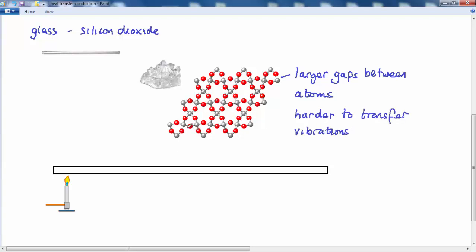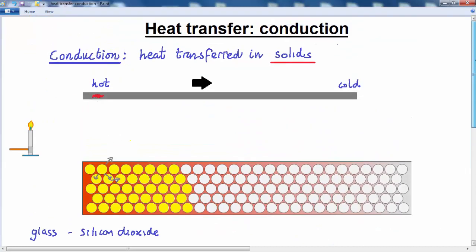So therefore the heat doesn't flow so easily as it does in our typical metal, where the atoms are very closely packed together and the vibrations are easily passed on from one vibrating atom to its surrounding atoms.